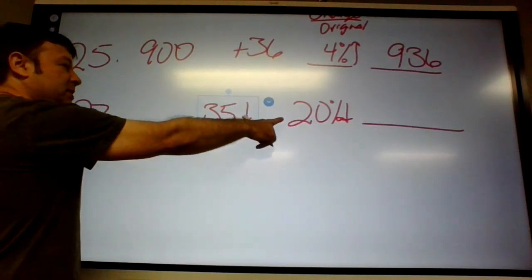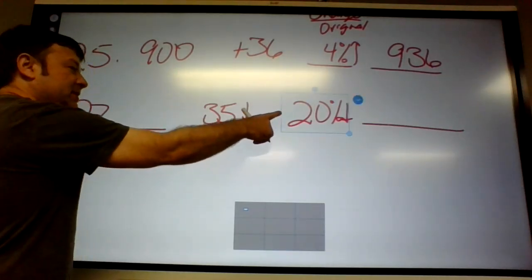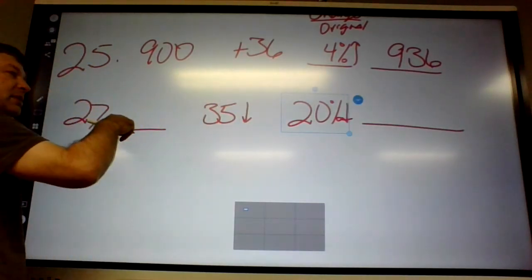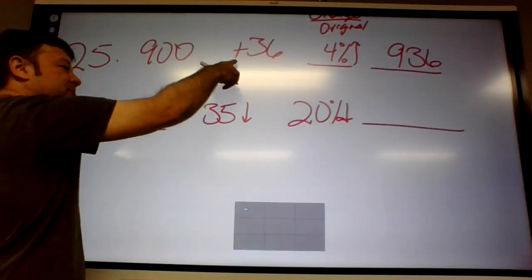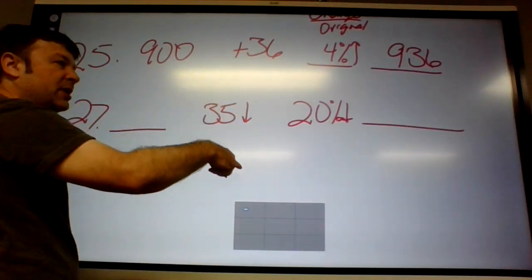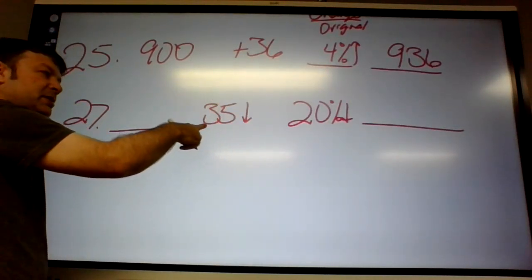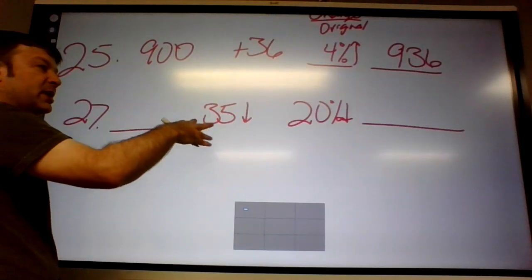Here's what it means. Listen, 20% of this number is 35. Remember, to find what we add or subtract by, we multiply by the percent to get this number, right? And then we add or subtract it.